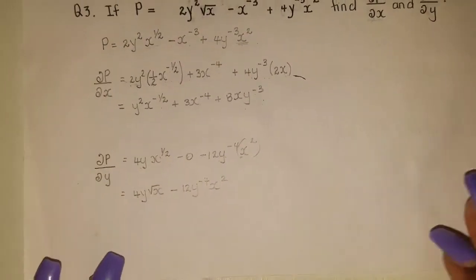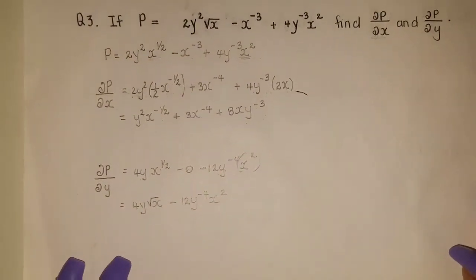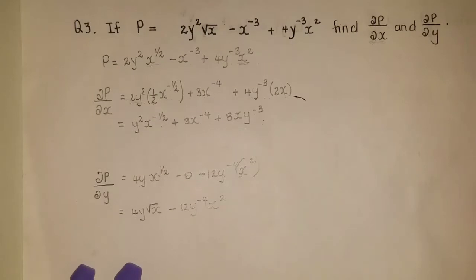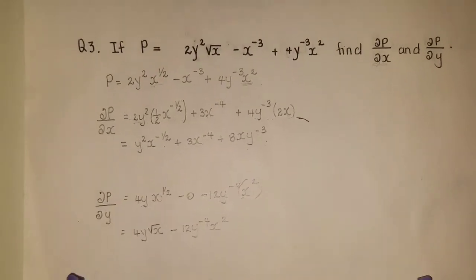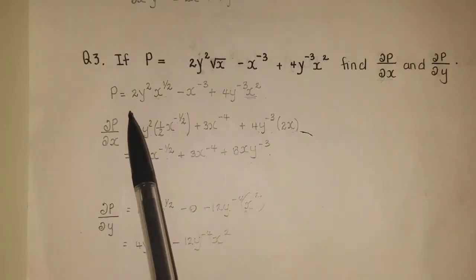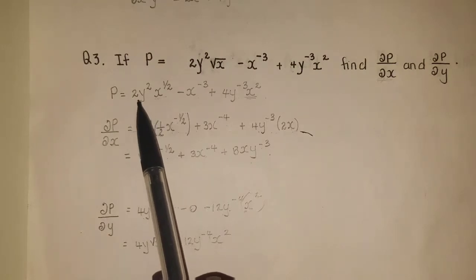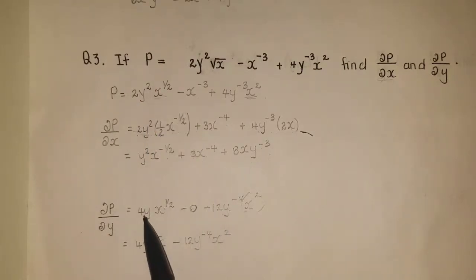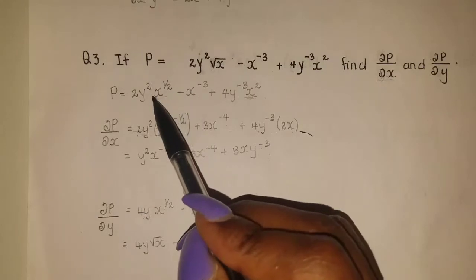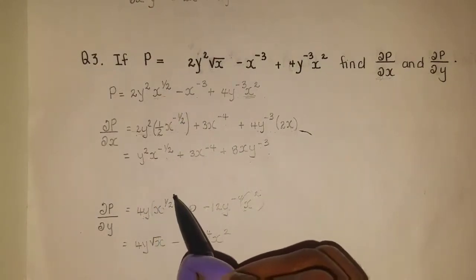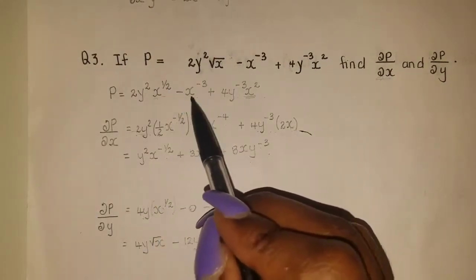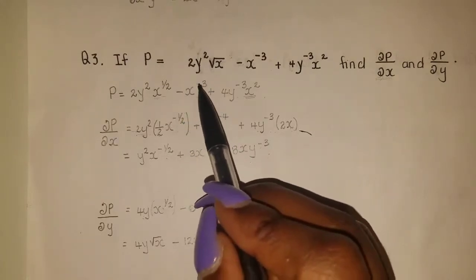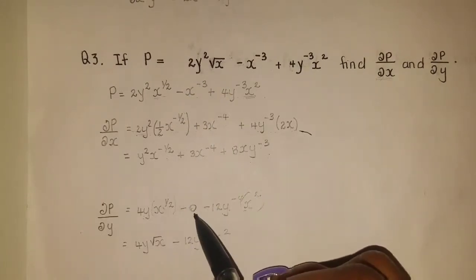For the partial derivative of p with respect to y, we're differentiating the y's and the x's now act as constant. So when we differentiate this 2y squared, we get 4y, and we multiply by this x to the half coefficient. There is no y here, so when we differentiate it, it's acting as a constant to give us 0.